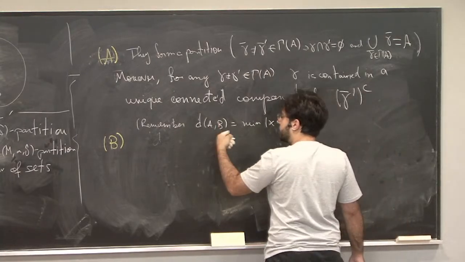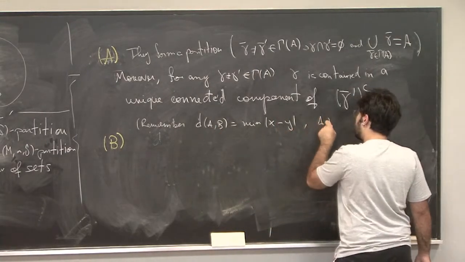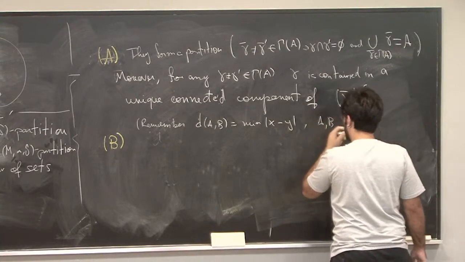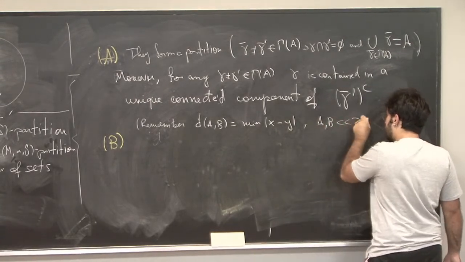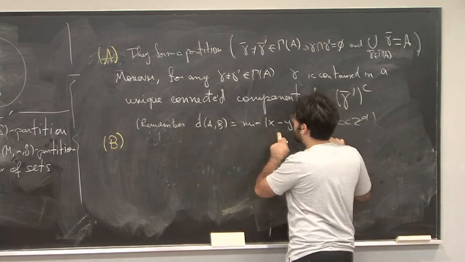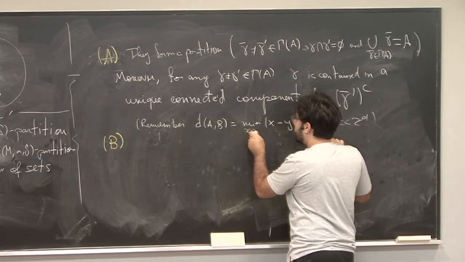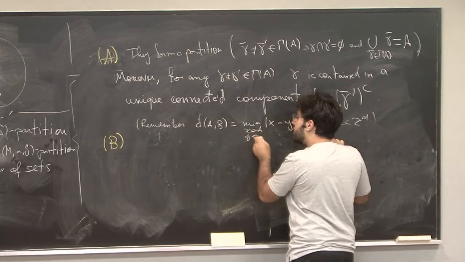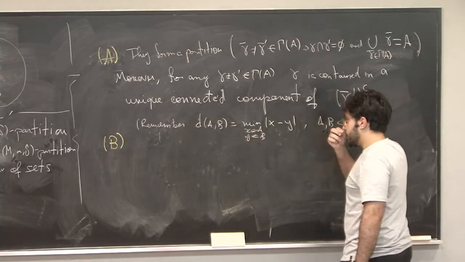I'm assuming A and B finite, so you take two finite subsets and you take the minimum of this distance when x is in A and y is in B. So this is the distance.